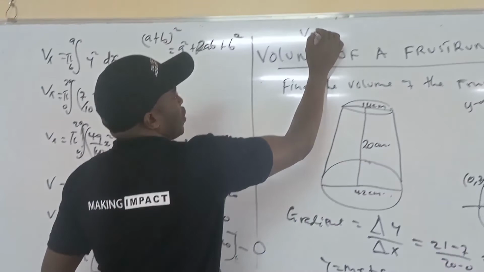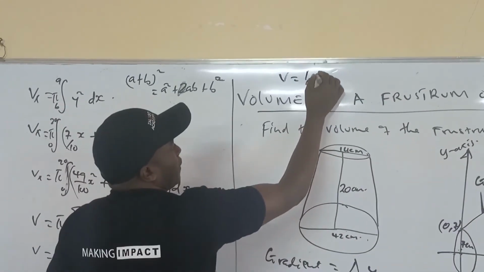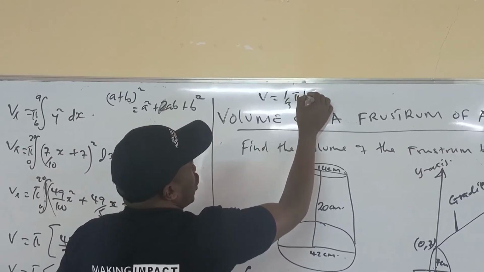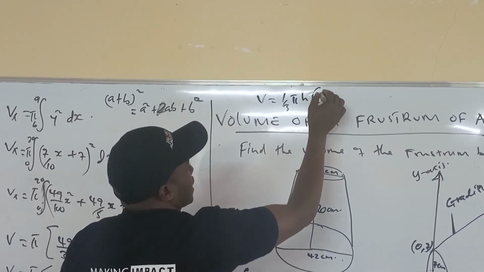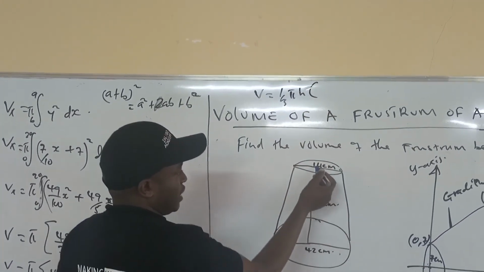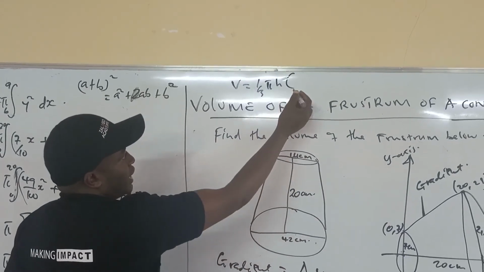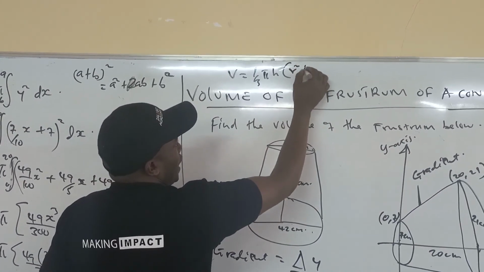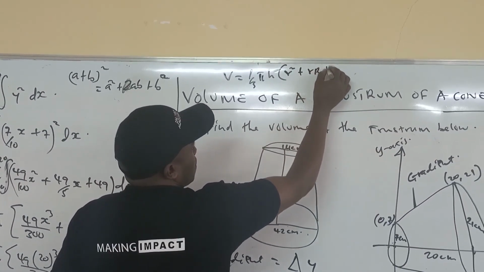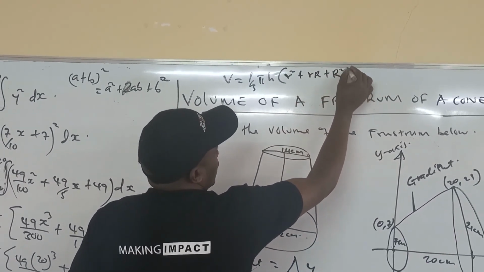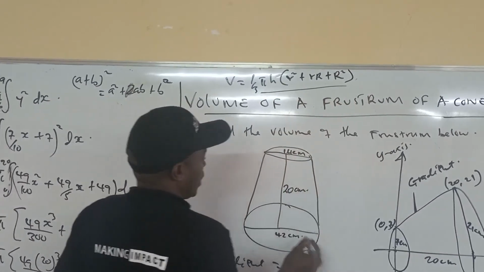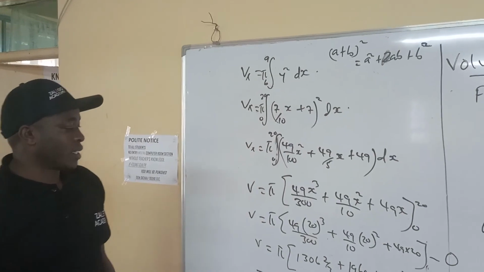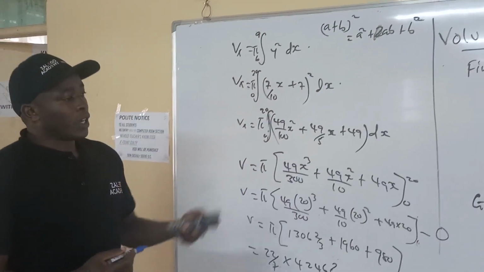If you use volume equals a third pi h into brackets, whereby h is this distance from here to here, that is into brackets R squared plus Rr plus r squared, if you apply this formula, you get the same answer, that is 13,346 and 2/3 centimeters cubed. You can try that.